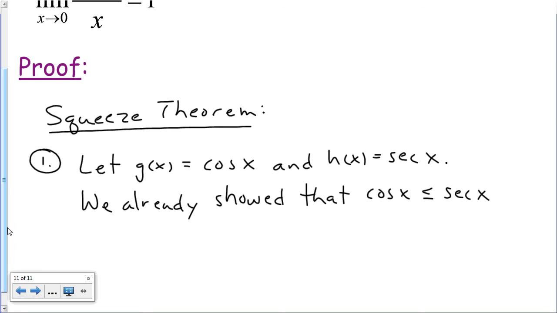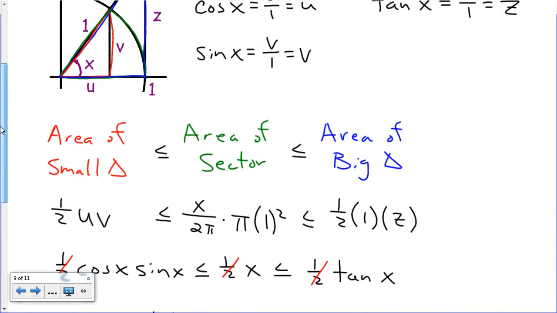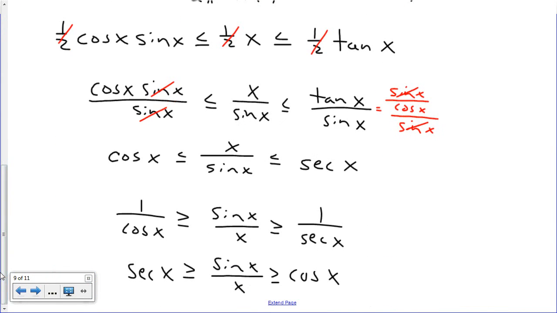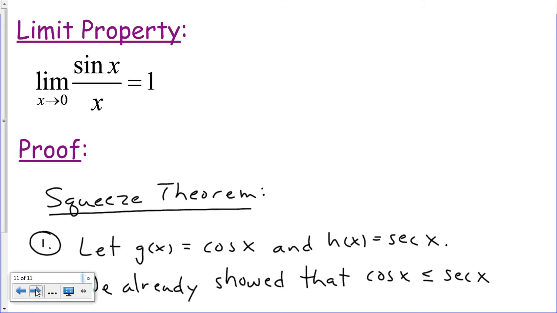The theorem said we only have to worry about values of x close to 0, but it actually works out for all x. And just to jump back to what we did with the area relationship, we've already shown that cosine of x is less than or equal to secant of x. So I don't need to go through that whole thing again, but if I wanted to, I'd go through those exact same steps.